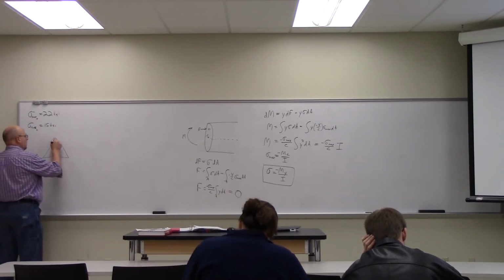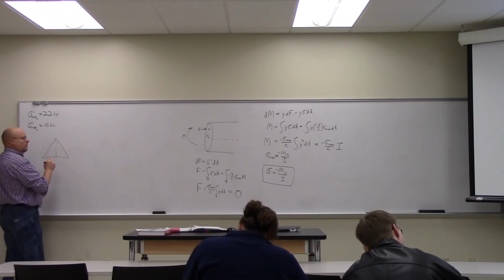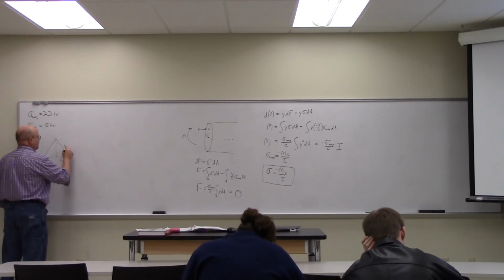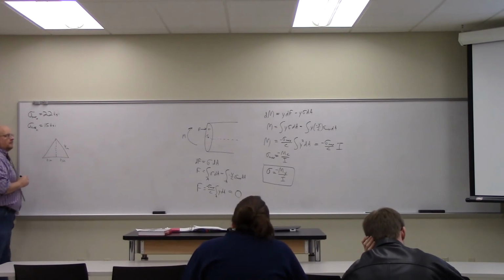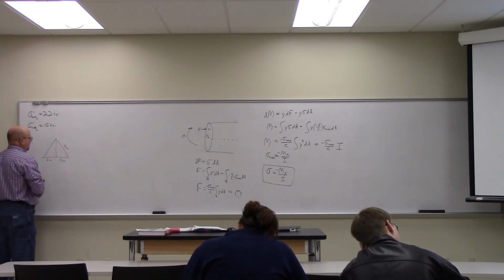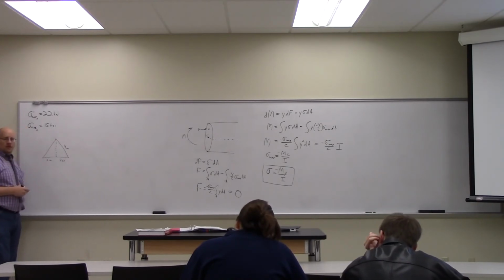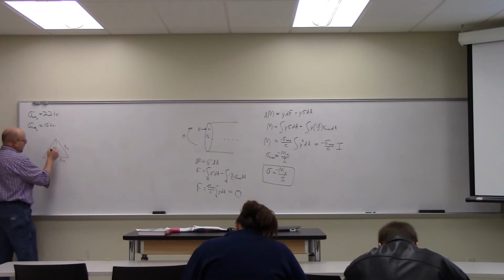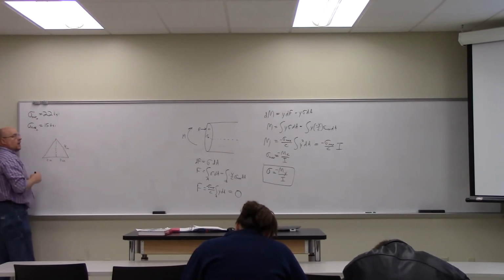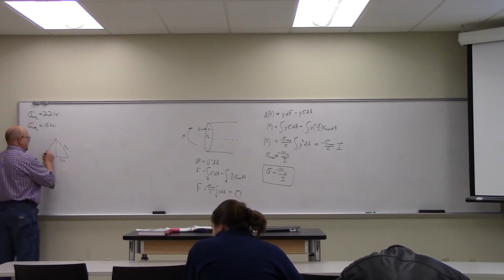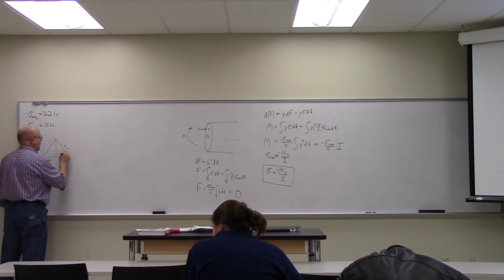Okay, and we know that it's an equilateral triangle, so this is 2 inches, 2 inches over here, this side is 4 inches, right? The height is 2 times the square root of 3 inches. And then we have a neutral axis.